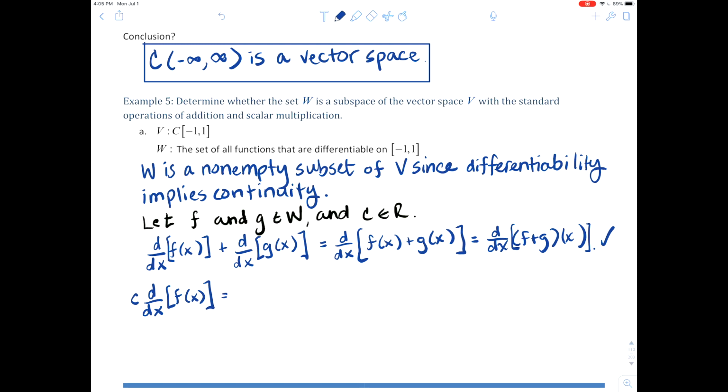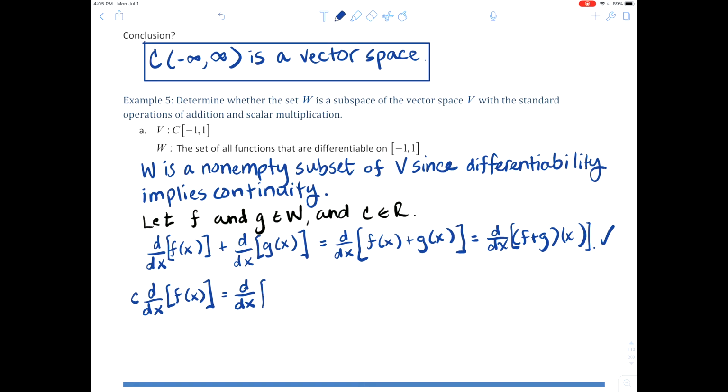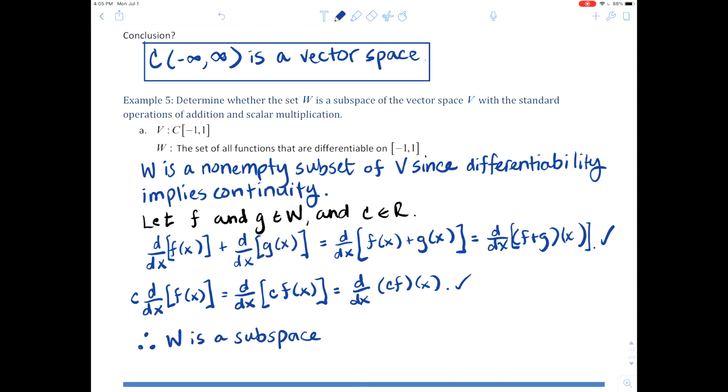Well, that equals d/dx of, you can bring the scalar in, c times f of x, which in turn is d/dx of cf at x, right? So we've shown closure under scalar multiplication. So, therefore, W is a subspace of V.